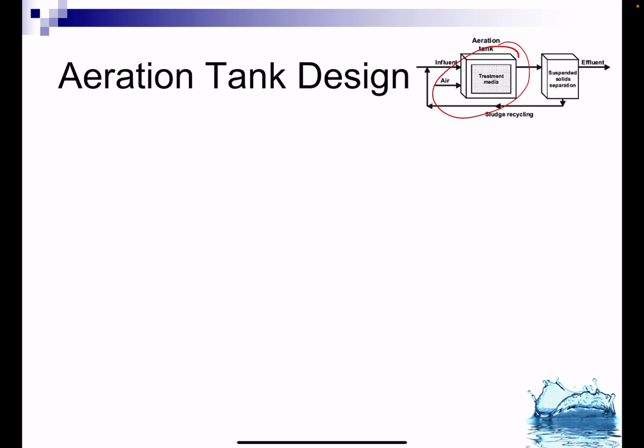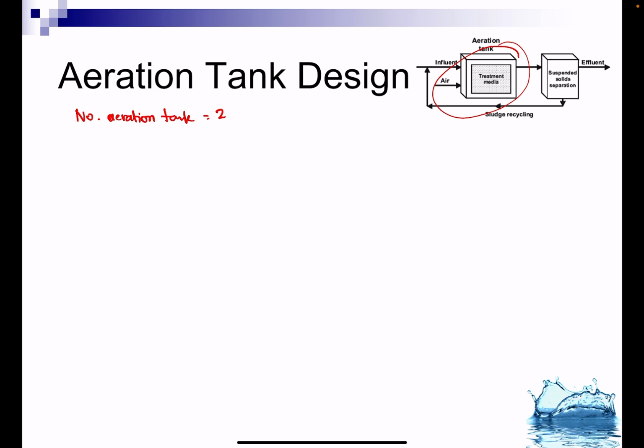So, like the two in the grit chamber earlier, if you're using two aeration tanks, the design flow is again the 8.5 megaliters per day, the peak discharge.